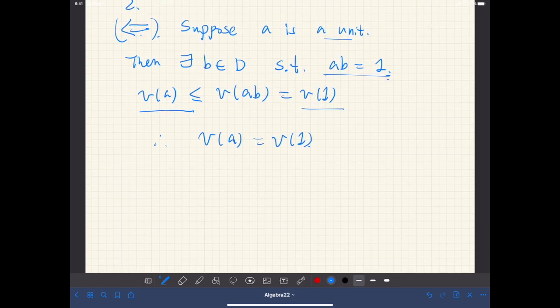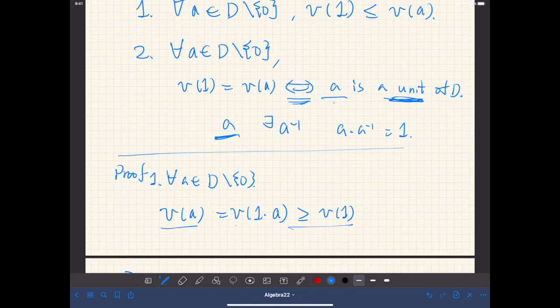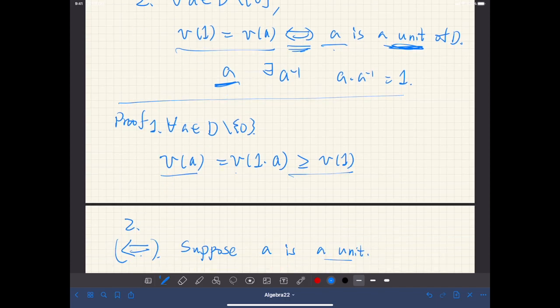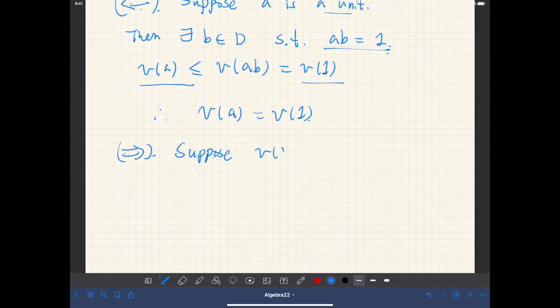Then we prove the only if part. So suppose v of 1 is equal to v of a.